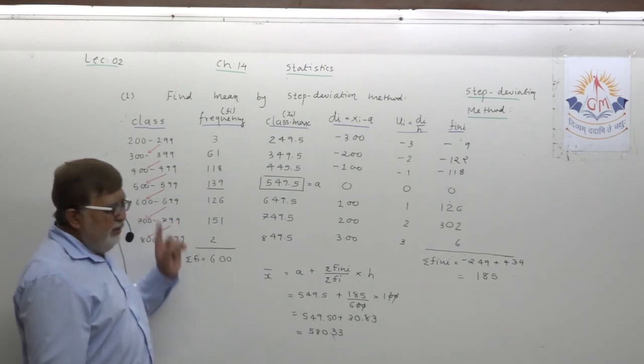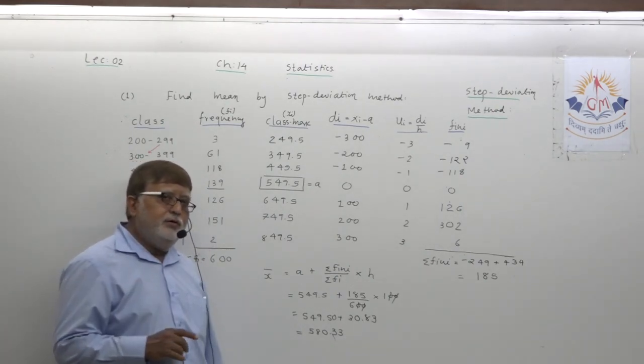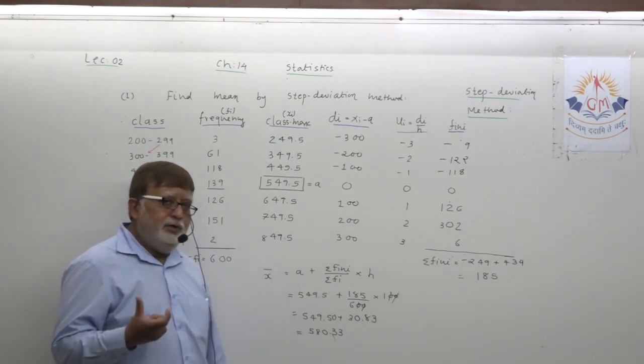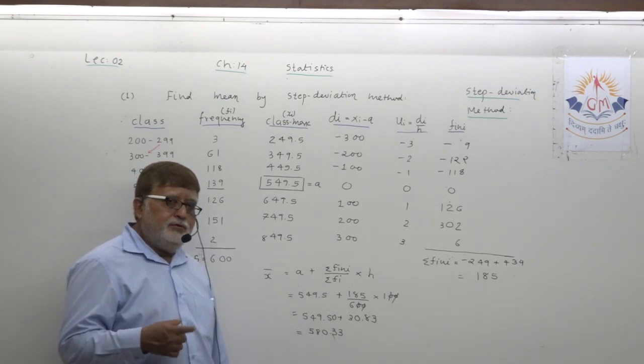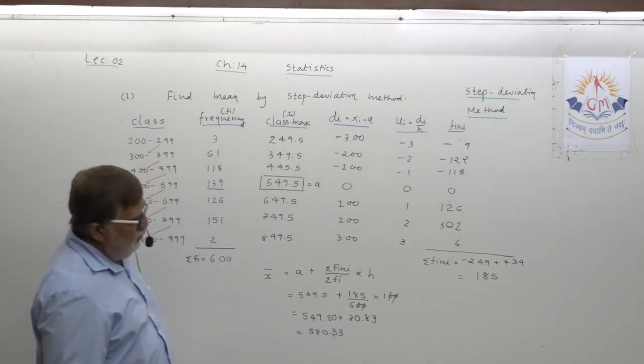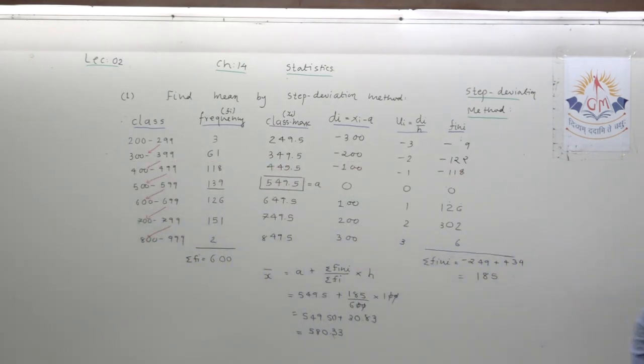Here the data is discrete or discontinuous. In our material also I have mentioned that you will learn to find the mean of continuous data and discrete data. Understand? So just verify the complete example properly.